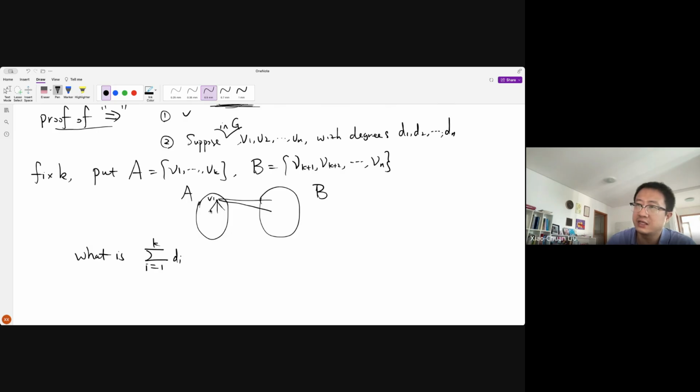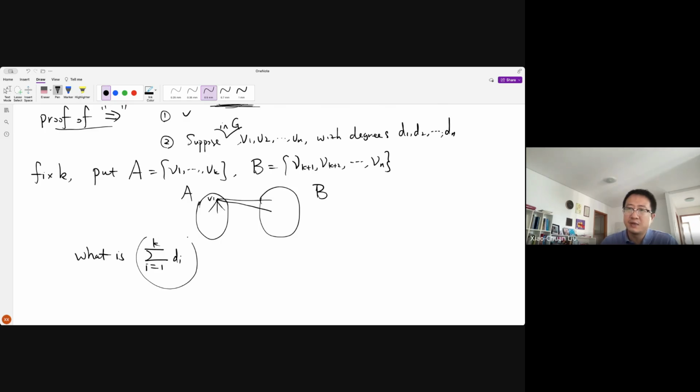It has some edges inside A, and it also has some edges to B. We don't know, so sometimes we draw very rough graphs to understand graph theory and make arguments. When we draw it, we have to keep in mind that it's not precise. And for v1, for example, d1 is 5, so we add 5 in this expression.